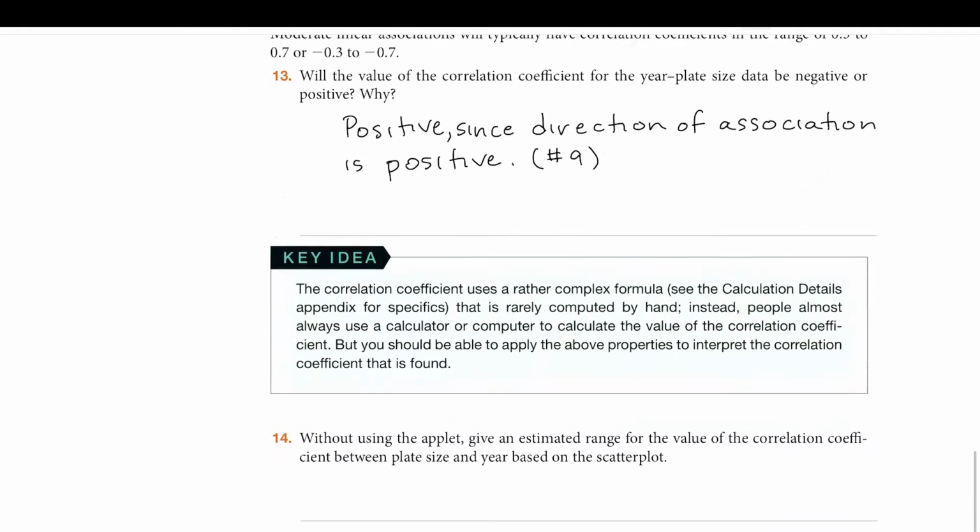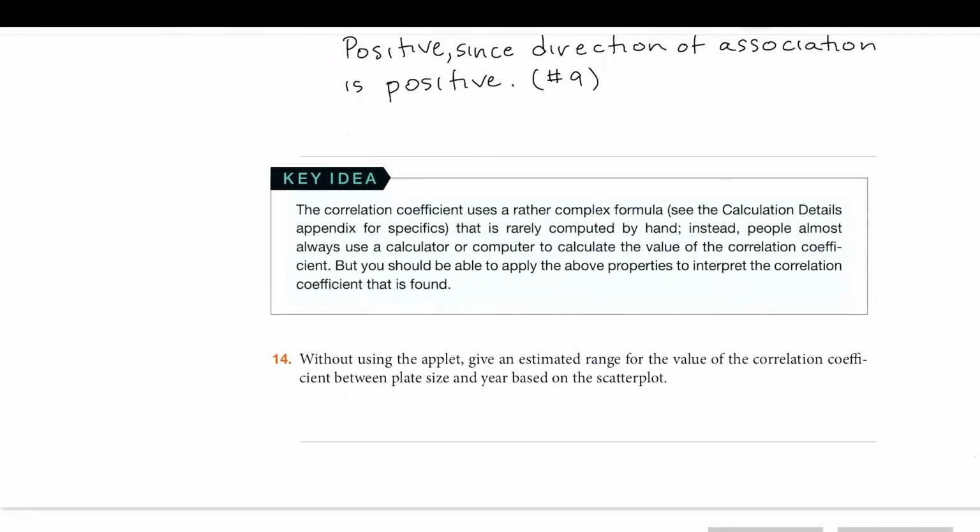Once we know the direction of the association, then we know the sign of that correlation coefficient. Now, the formula to compute that is pretty complex, and we never compute it by hand. We always use a computer, and your calculator, depending on the kind of calculator you have, could find it for you as well.